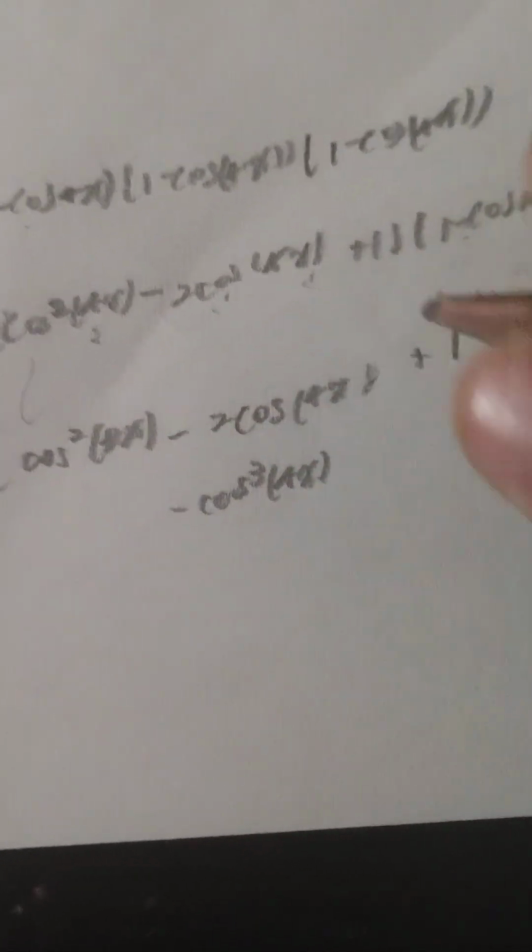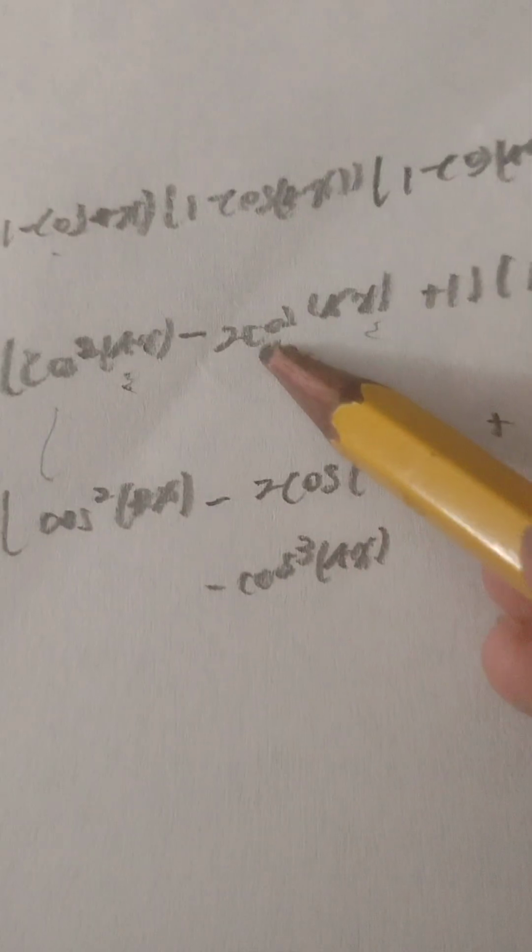And cosine squared 4x multiplied by negative cos 4x is minus cos cubed of 4x. Negative 2 cos 4x times cos 4x is plus 2 cos squared of 4x. And then positive 1 times negative cosine 4x is, of course, negative cosine 4x.